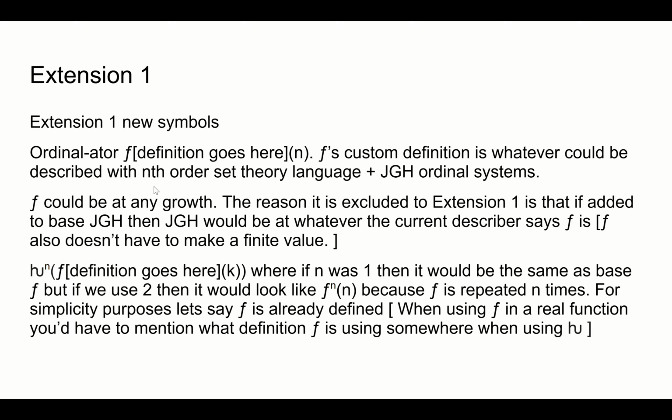F could be at any growth. The reason it is excluded to extension 1 is that if added to base JGH, then JGH would be whatever the current describer says F is. F also doesn't have to make a finite value.